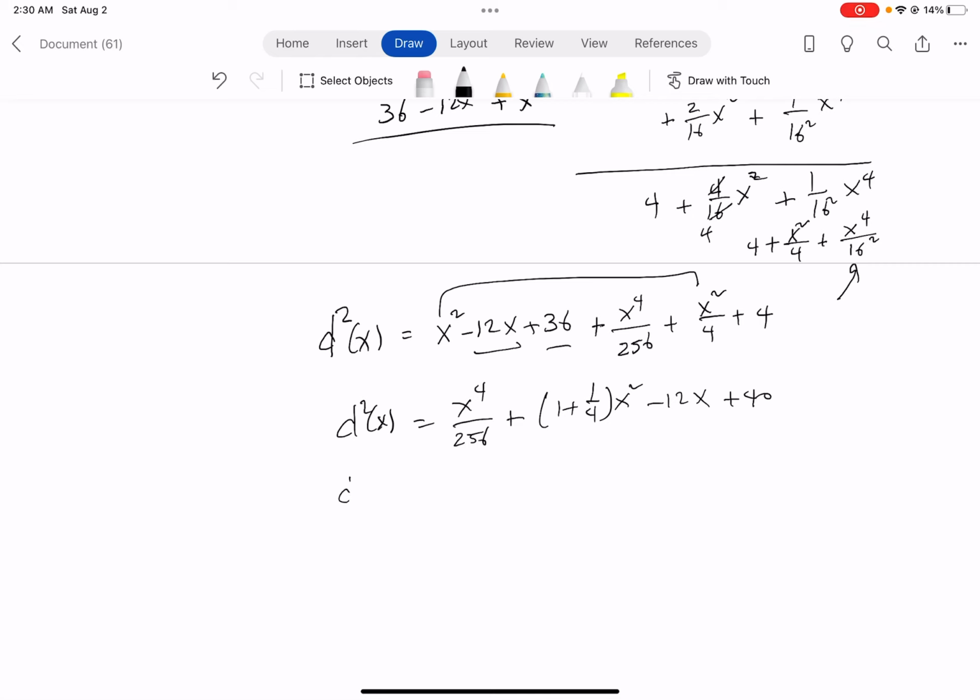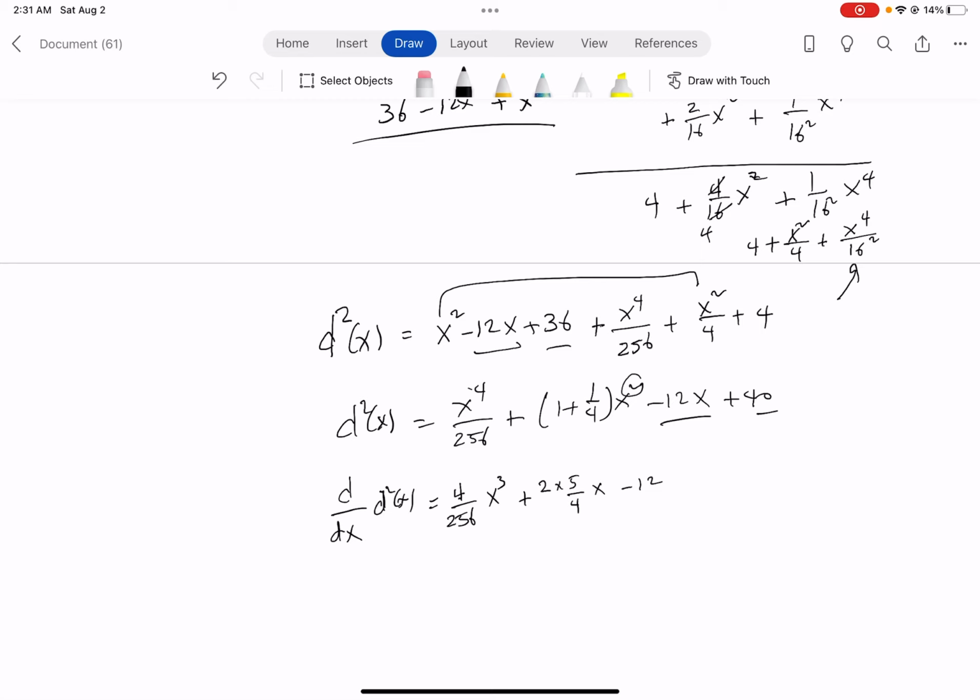We should take the derivative of this as a function of x. Now for this one, you bring the 4 down, so it's 4 over 256 x cubed, and then you bring the 2 down, plus 2, which gives 5 over 4 x, and minus 12, the derivative of minus 12x, and that equals 0.